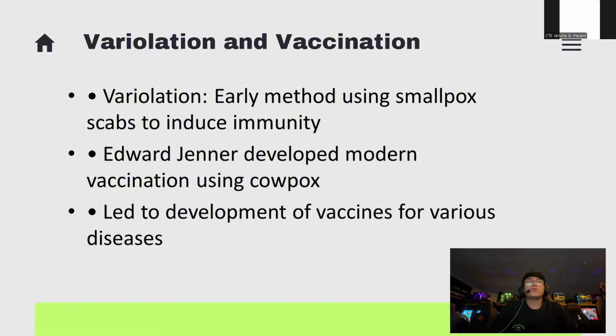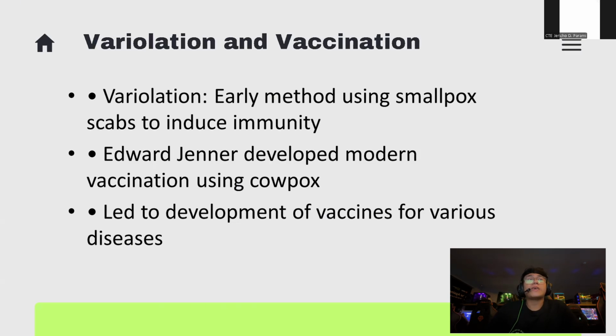However, this method carried risks, including severe illnesses and further transmission of the disease. It was the beginning of modern vaccines, but it also had a lot of critical consequences in the population.